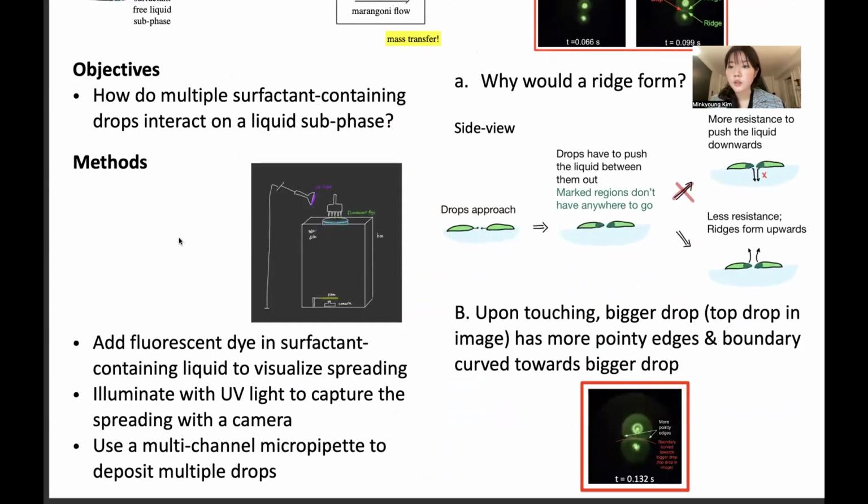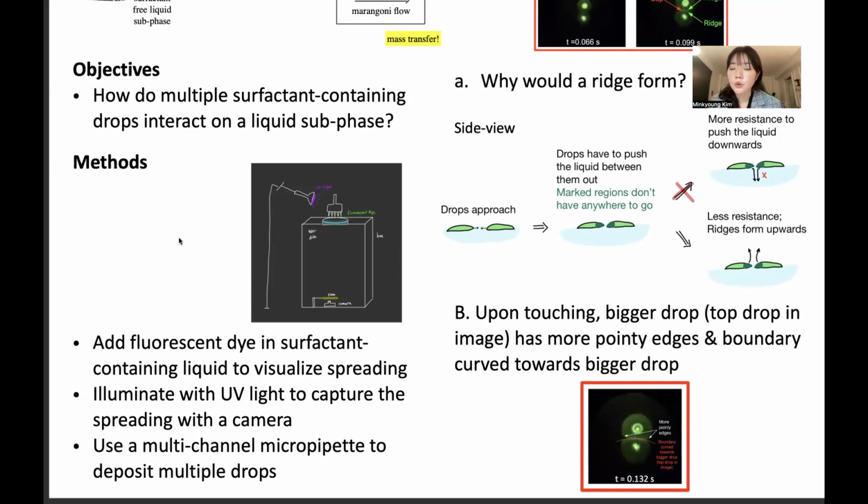Moving on to the method section, when you mix surfactants with liquid, they get dissolved and they're just clear solutions that aren't differentiable from, let's say, water or any other transparent liquids.